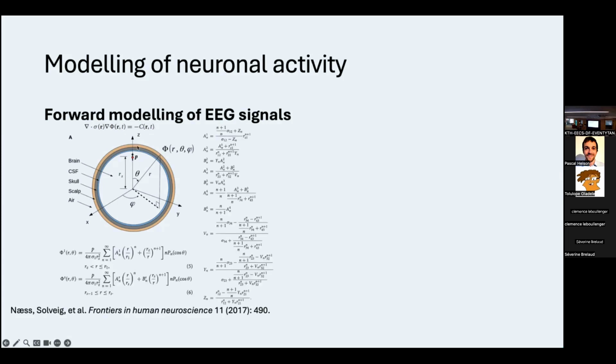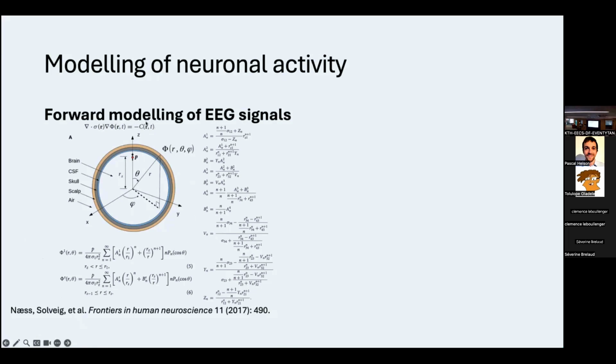And they introduced this equation that looks on one side a bit overwhelming, but on the other hand, it's a closed form prediction of this model. The beauty of it is that when you have the dipole moment, for example, as a time series, you can do this EEG signal prediction offline, as post-processing.